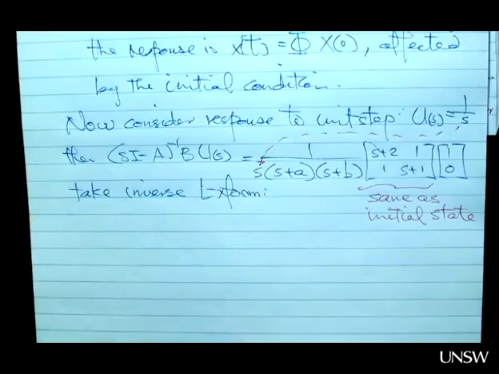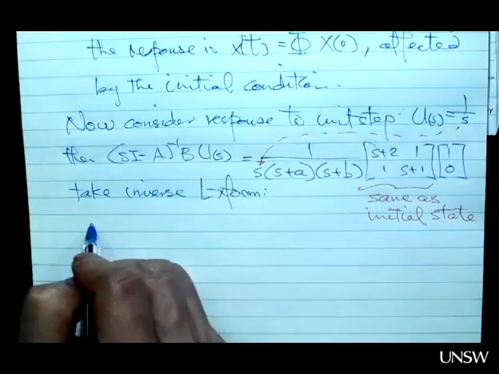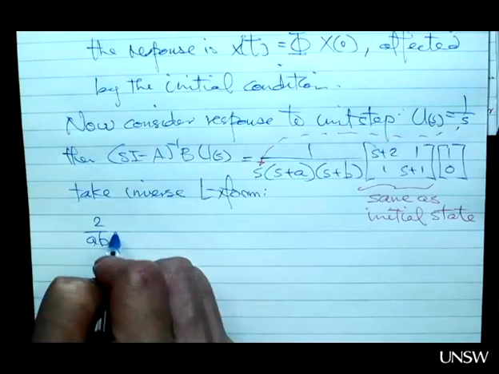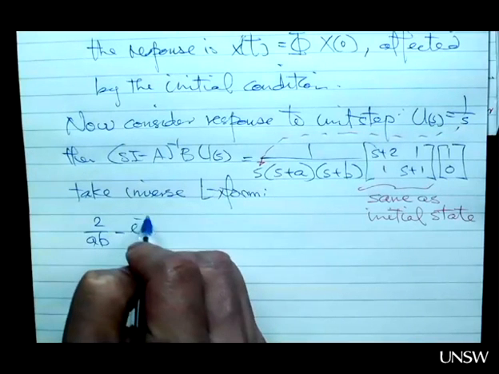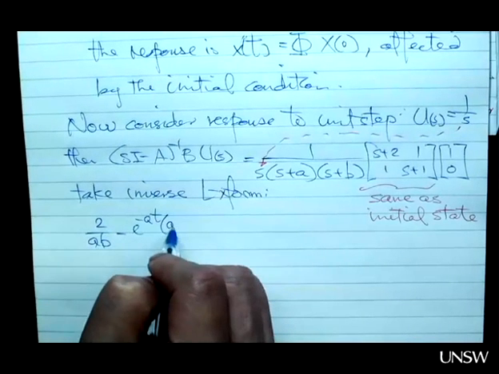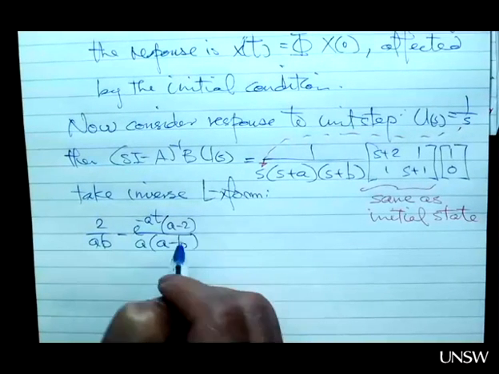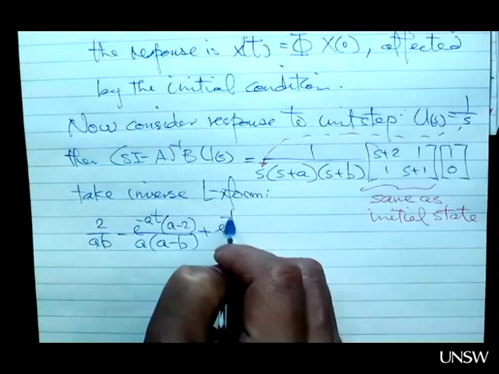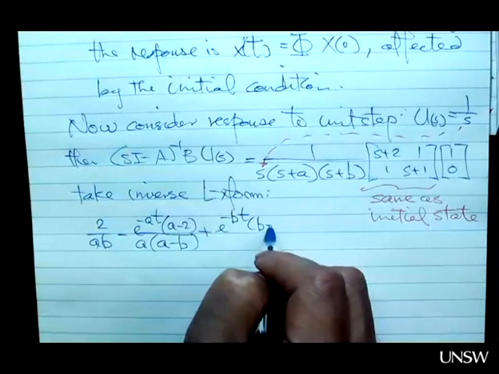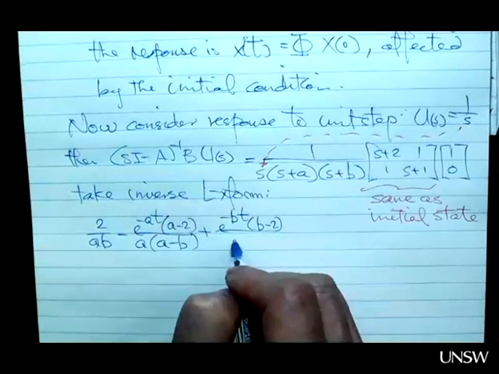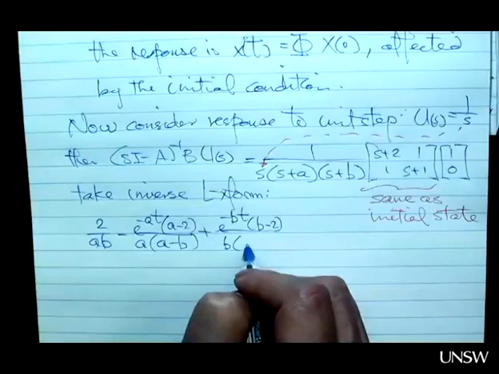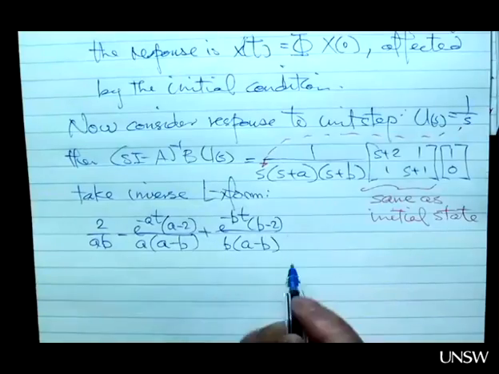Okay, 2ab and then minus. And then the other element is this one.